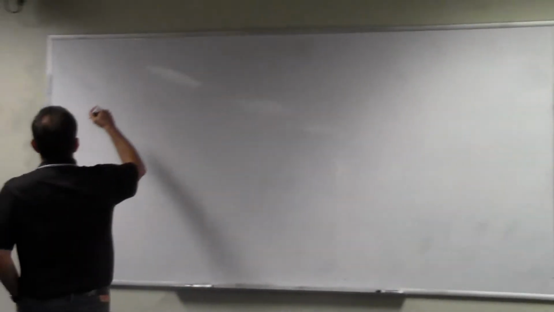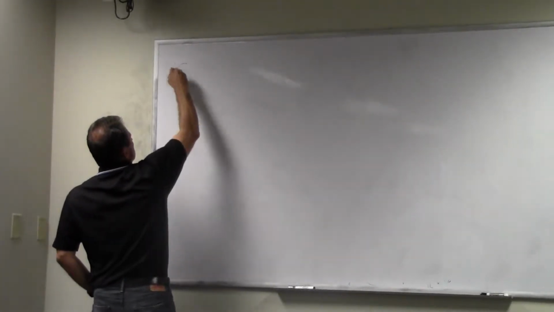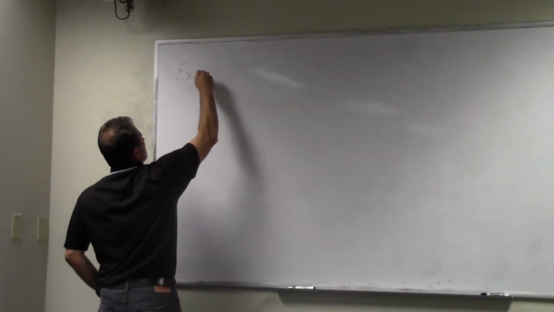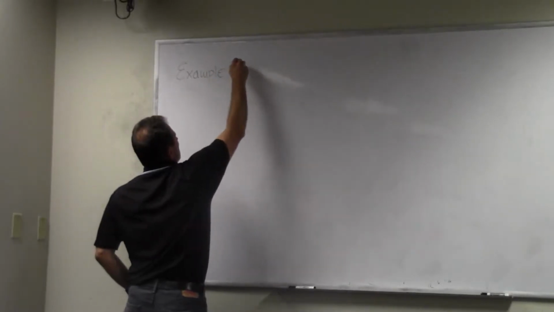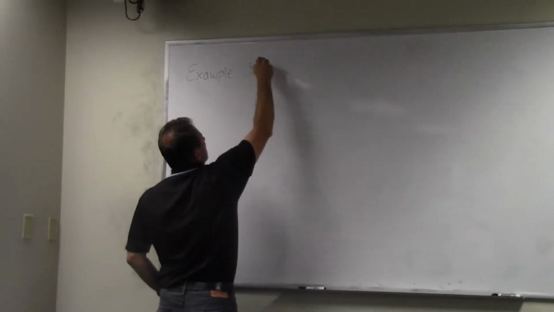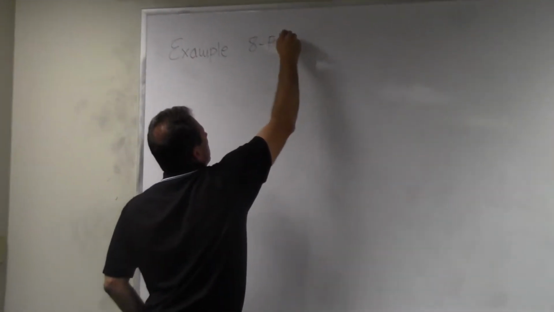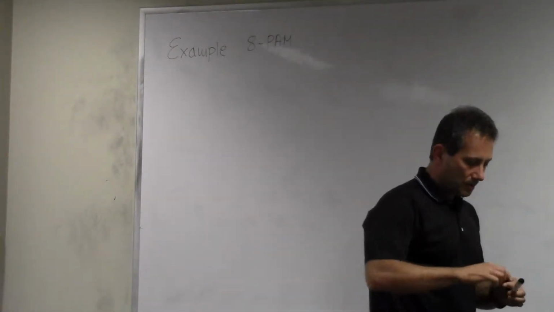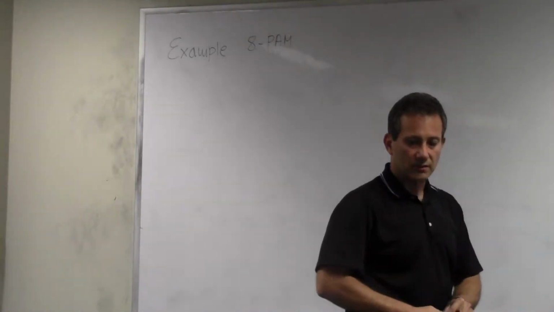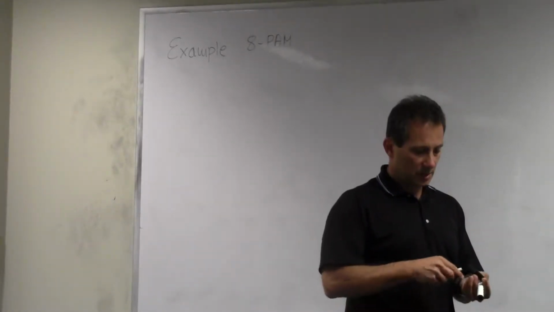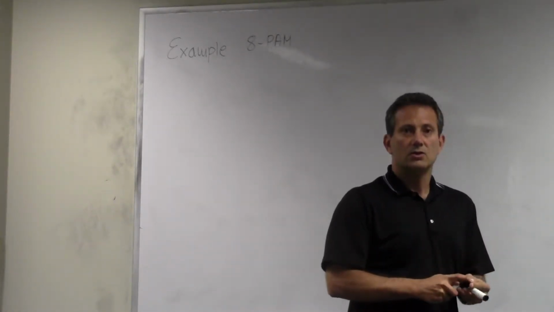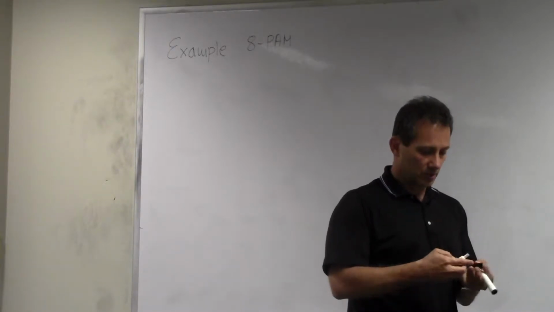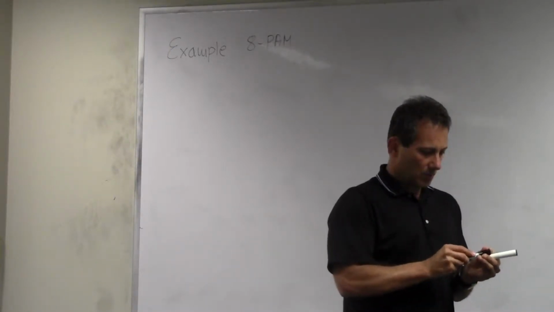Let's say, I'm actually just going to use an example. And the example I'm going to use is 8-level pulse amplitude modulation, 8-PAM. Now, how does the constellation in the case of 8-PAM look like? It's a one-dimensional signaling, so all of the constellation points are going to be on a line.